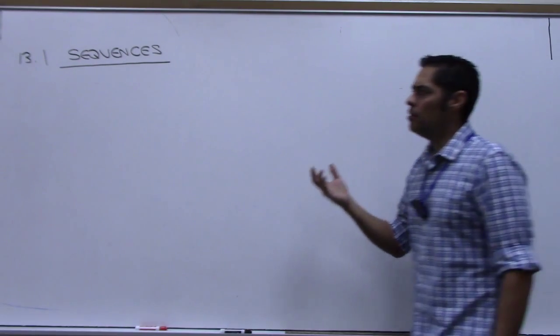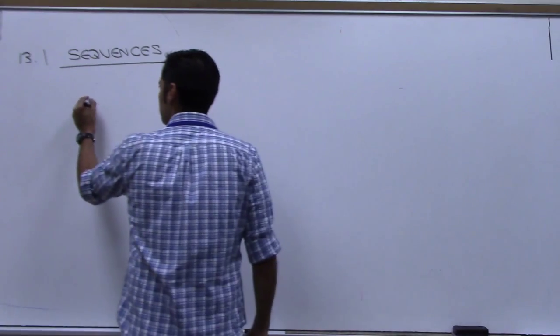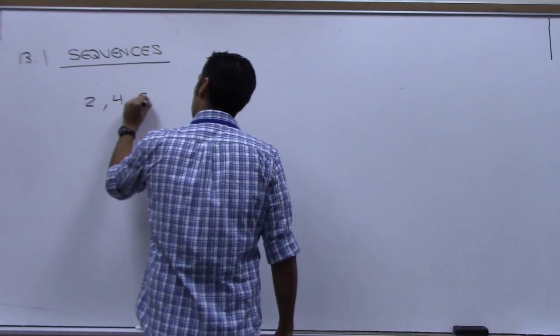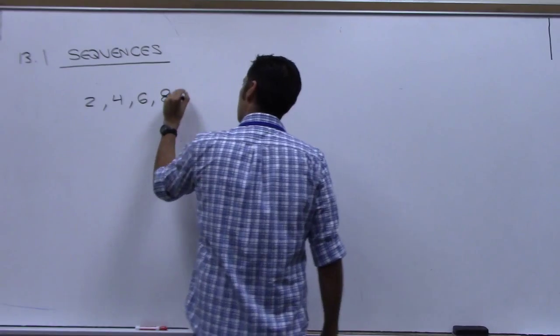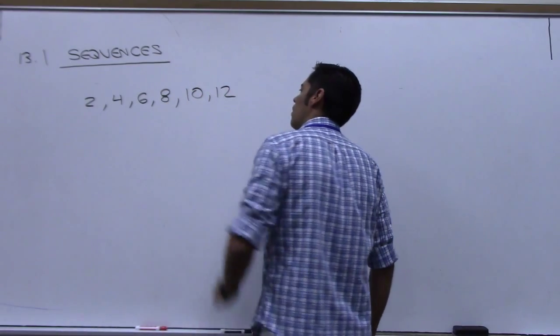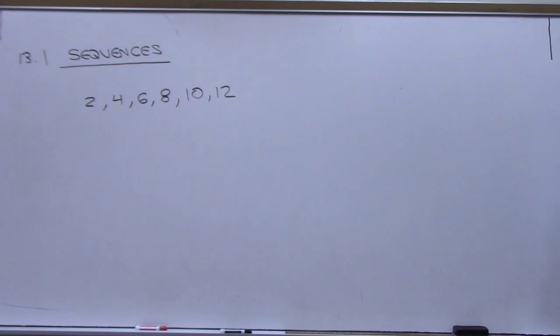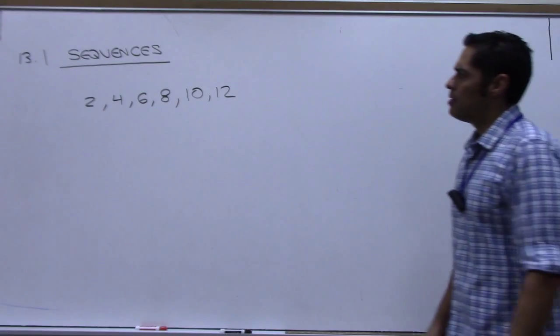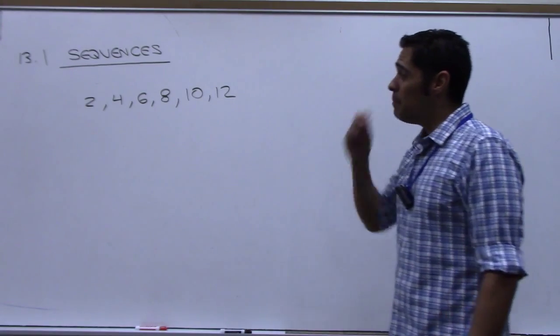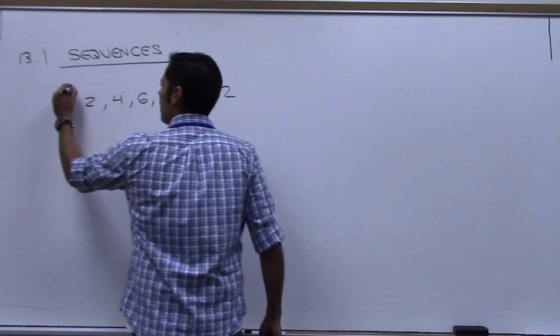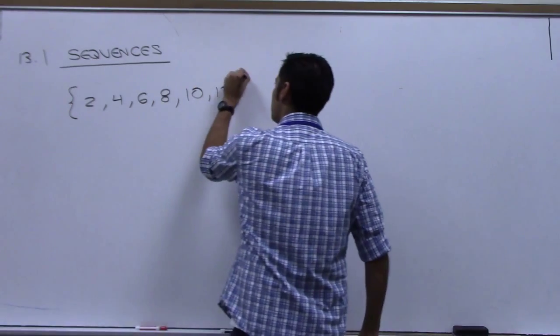But if I gave you, let's say, a list of numbers, and I called that a sequence, would that sit well with you? Sure. Because it is a sequence of numbers, we usually put a set of braces around it like this.